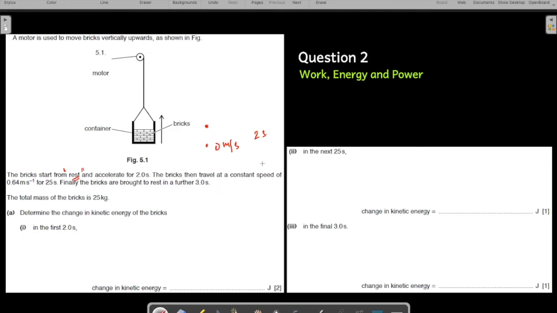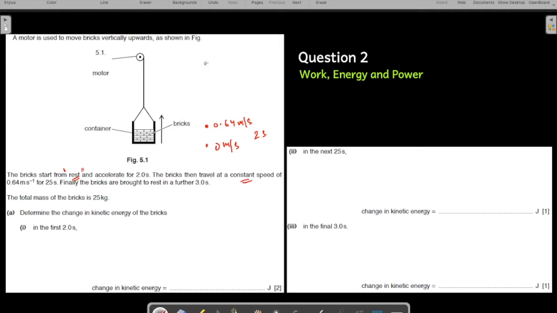The brick then travels at a constant speed of 0.64. So at this point you achieved a speed of 0.64 meters per second. Then you are traveling at a constant speed for how much time?